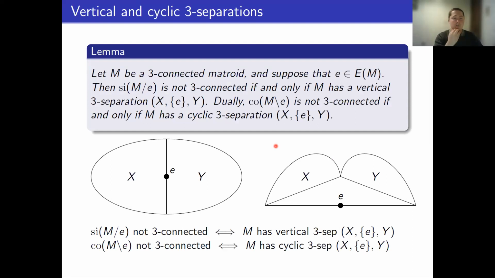I've written the full lemma above, but if an element is not contractible, that is, if the simplification after contraction is not 3-connected, that's if and only if there is a vertical 3-separation with the element in the guts. Dually, an element is not deletable if and only if there is a cyclic 3-separation with that element in the co-guts. Yeah. So this is precisely what it means to be deletable or contractible, is to not have these separations.